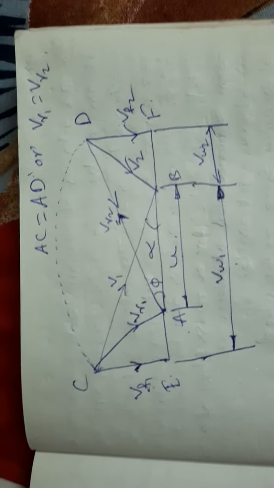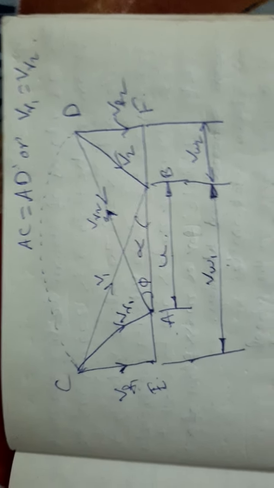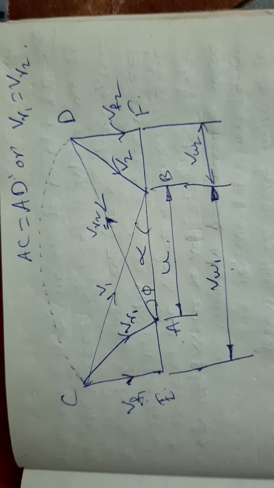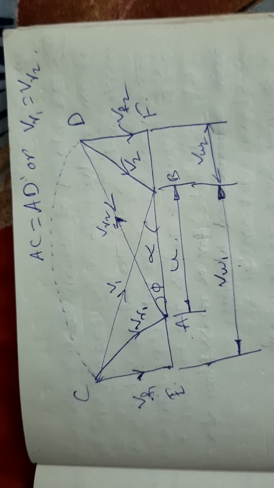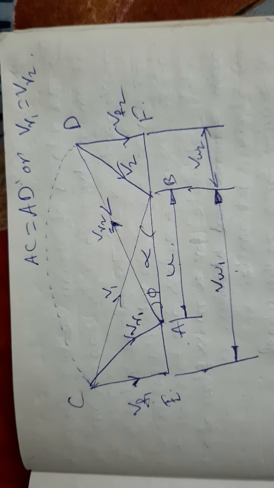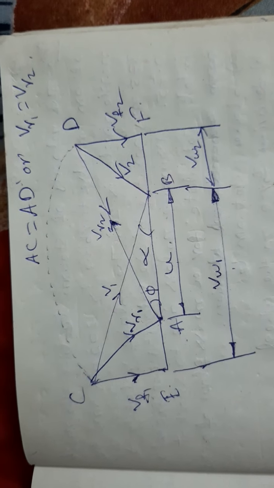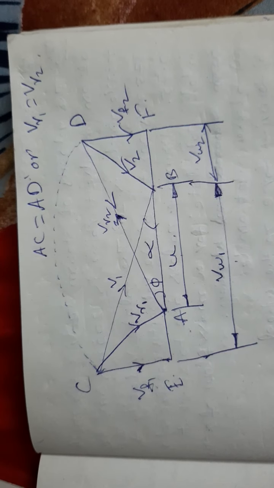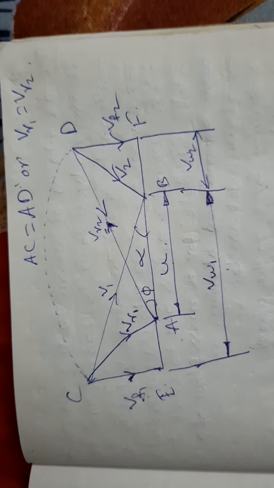Now the combined velocity triangle is completed for the impulse turbine, considering the frictionless case.